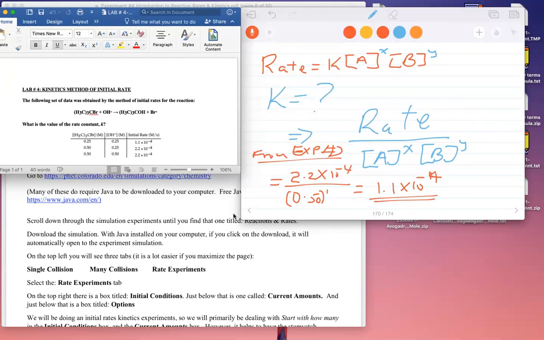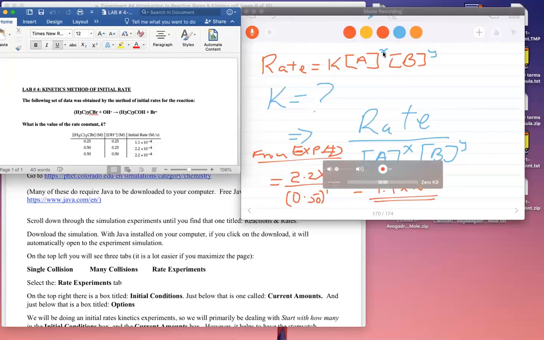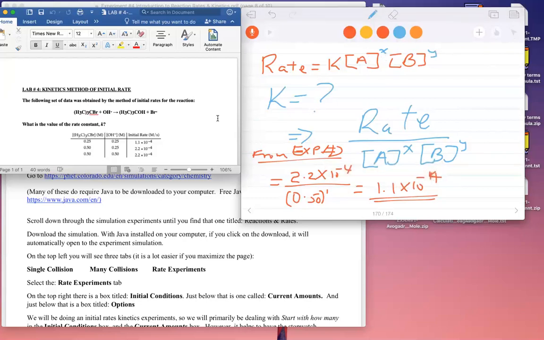If not, I will just go to the simulation and show you how you will collect the data and proceed with the calculation of reaction orders. In this lab, all you have to do is determine the value of X and Y, that is the reaction orders.